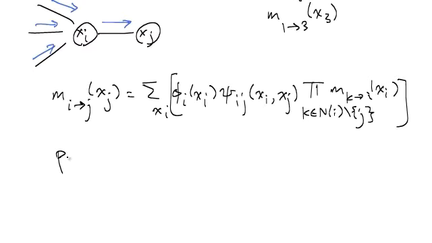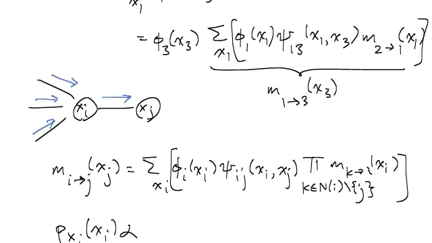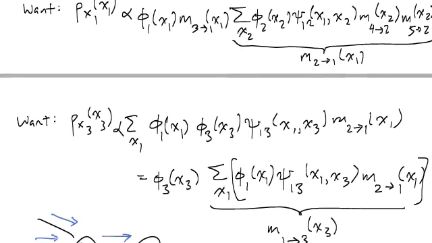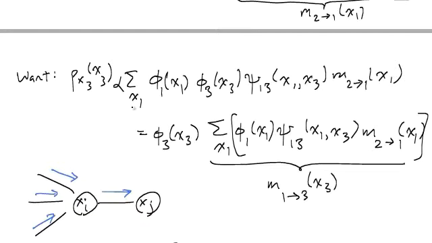And the marginal at node i, so the marginal for xi, well, if you look at what we had before, the marginal was just proportional to the node potential times incoming messages, right? So at node 1, it was just node potential at x1 times messages going into x1. And similarly for x3, it was just node potential at x3 times messages coming in.